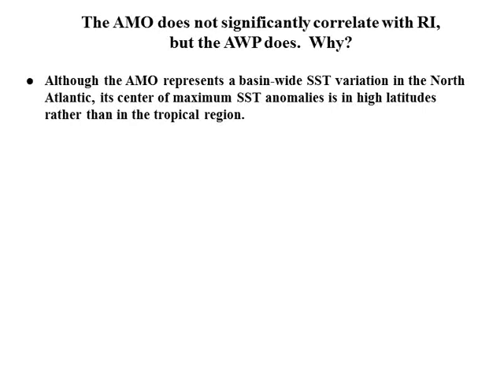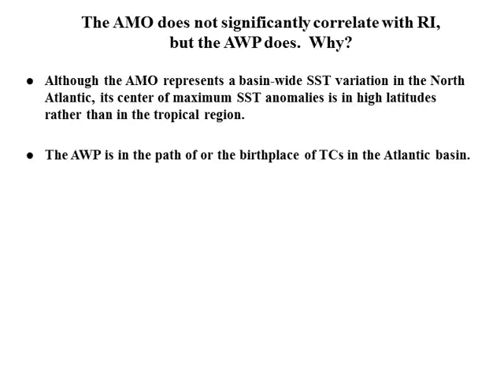a basin-wide activity in the North Atlantic. However, the center of the maximum activity is in high latitude, not in the tropical region. However, hurricanes form and develop in the tropical region. Second, the warm pool is in the path and birthplace of TCs in the Atlantic Ocean.